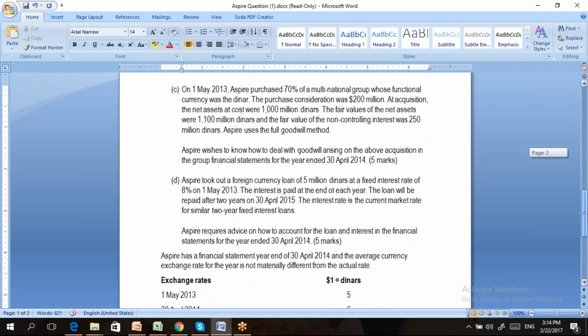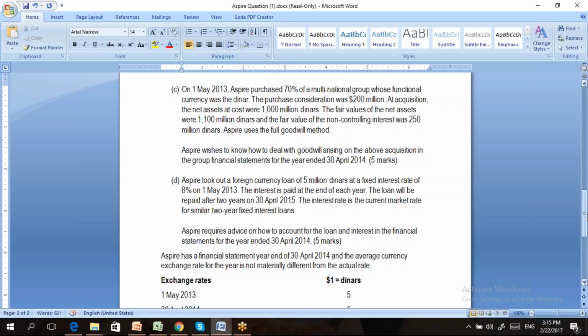The third part now. On 1st May 2013, Aspire purchased 70% of a multinational group whose functional currency was the dinar. The purchase consideration was 200 million.